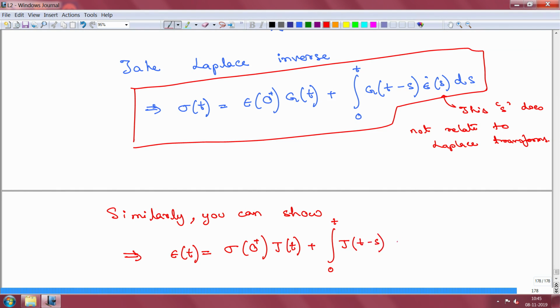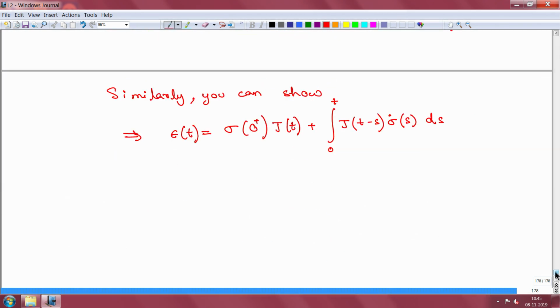Okay. It is becoming a bit of a tongue twister here. Right. So, these two expressions are going to be very important to us and they will be used quite a bit.